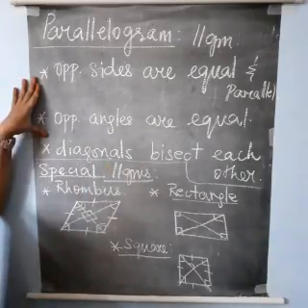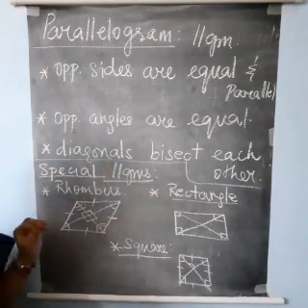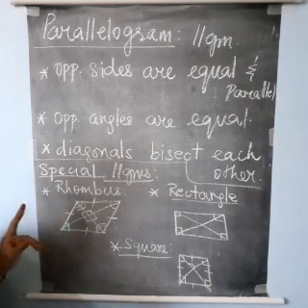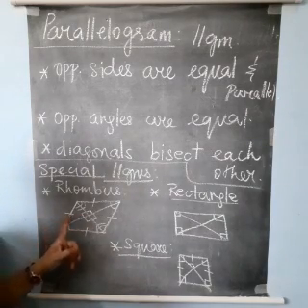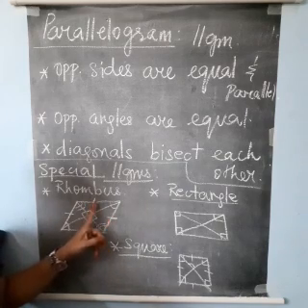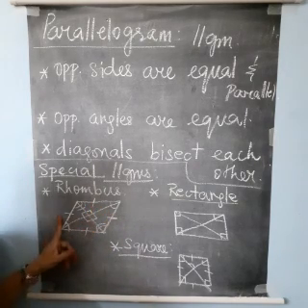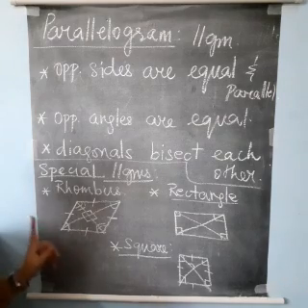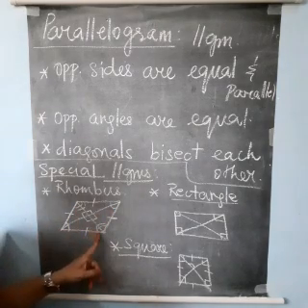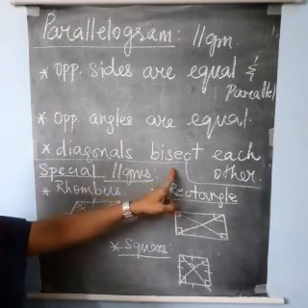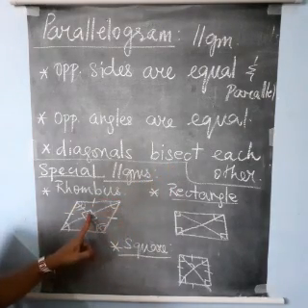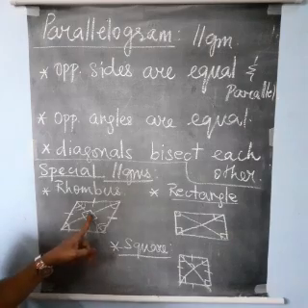These three are the main important properties of a parallelogram. Now the special types of parallelograms, we have rhombus, where opposite sides are parallel but all sides are equal. And here also opposite angles are equal and the diagonals will bisect each other, but a special property is they will bisect each other at 90 degrees.